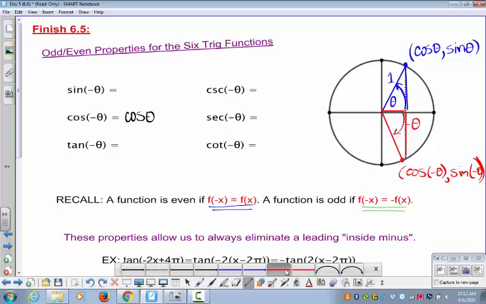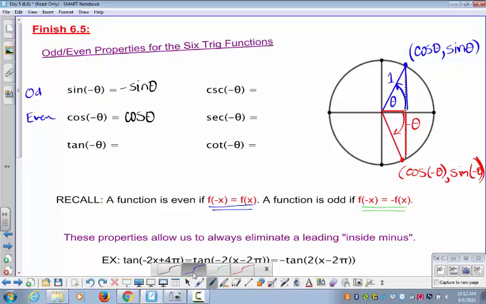So sine of negative theta is minus sine of theta. Those are our 2 key facts for any time there's a leading minus on the inside of a trigonometric function. Sine is odd. The minus sign jumps to the front. Cosine is even. The minus sign disappears. So cosine is an even function. Sine is an odd function.